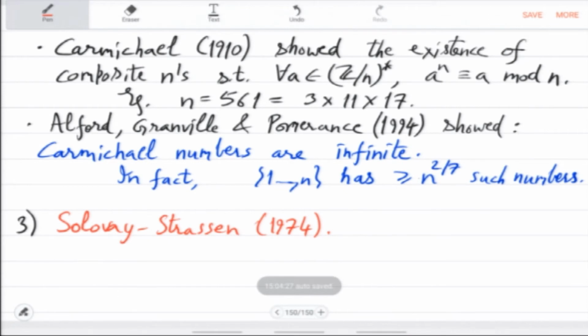So that's the first practical primality test.